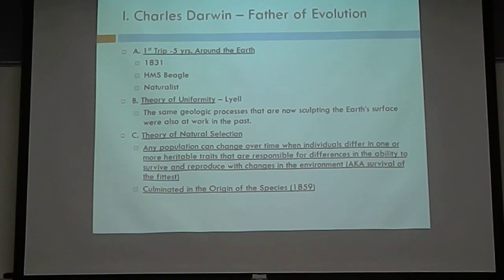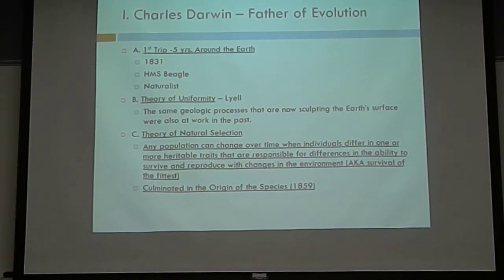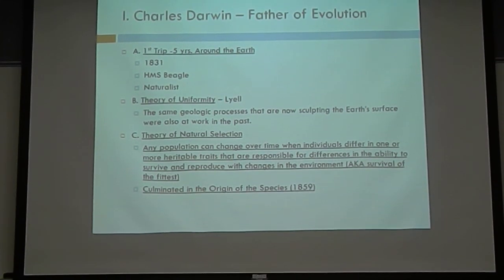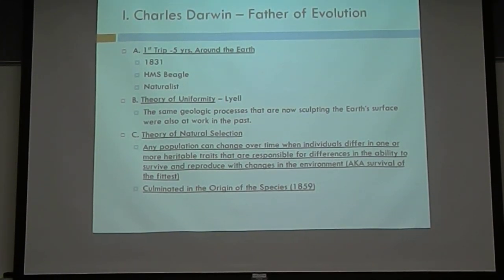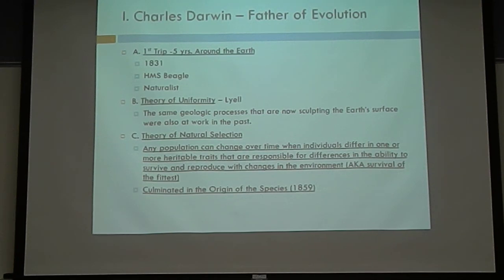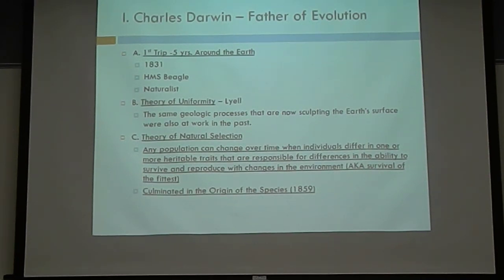So Darwin took the job, and set out on this 5-year global trip. Textbooks were just not all over the place like they are now, but he did have a geology text with him, and he read it cover to cover and realized there was a theory in there called the theory of uniformity.